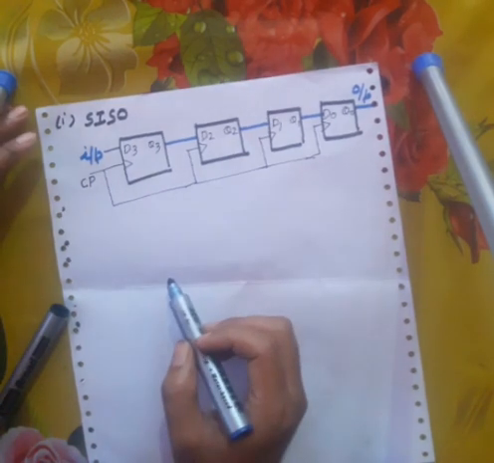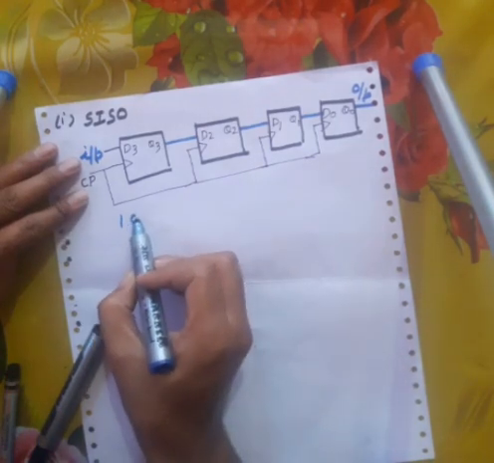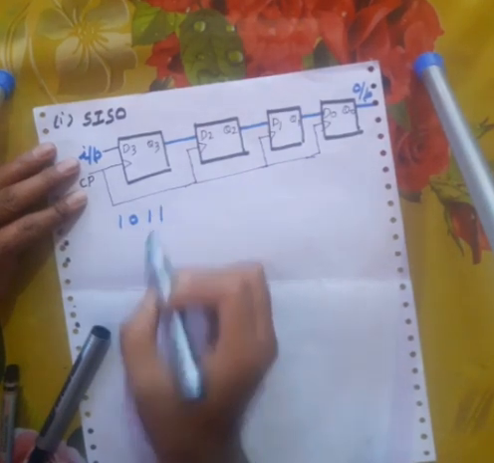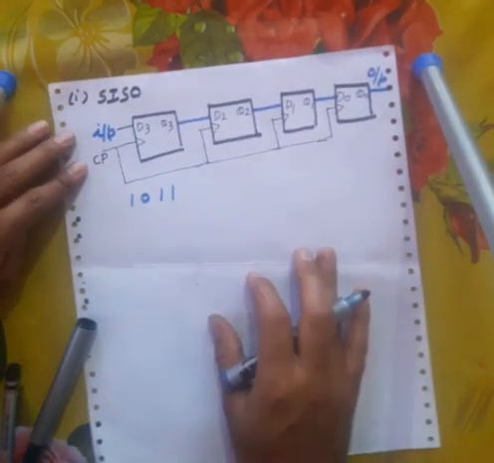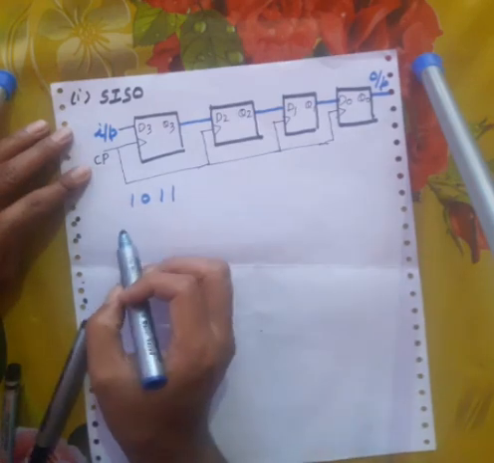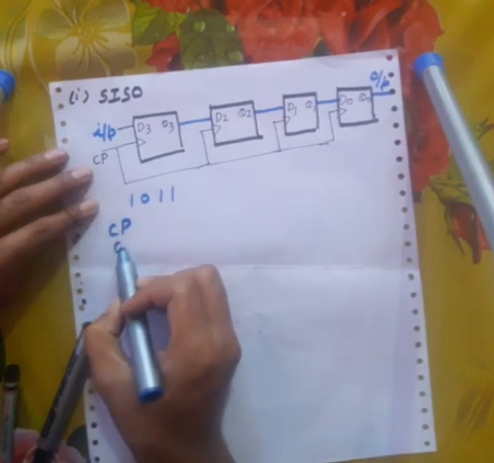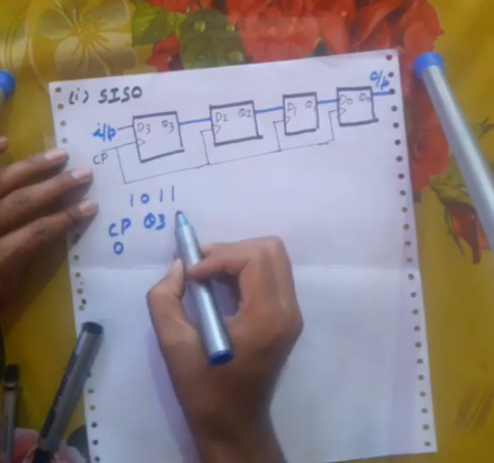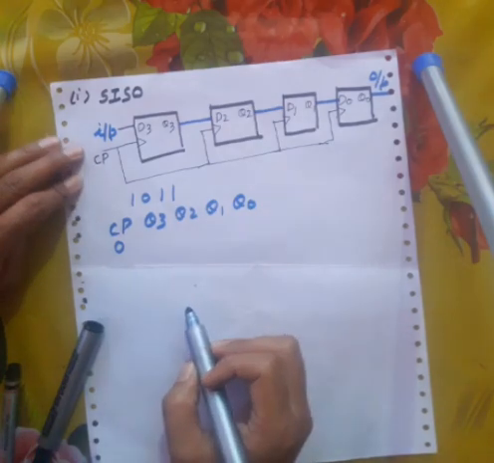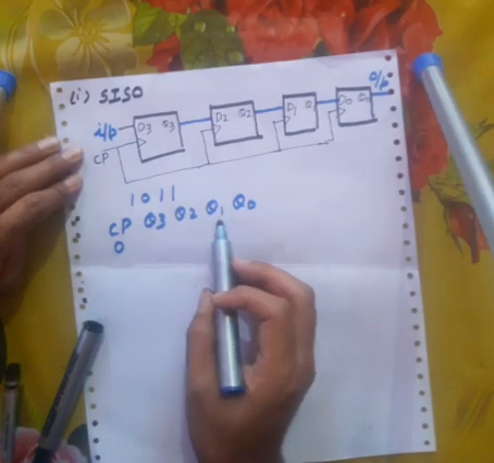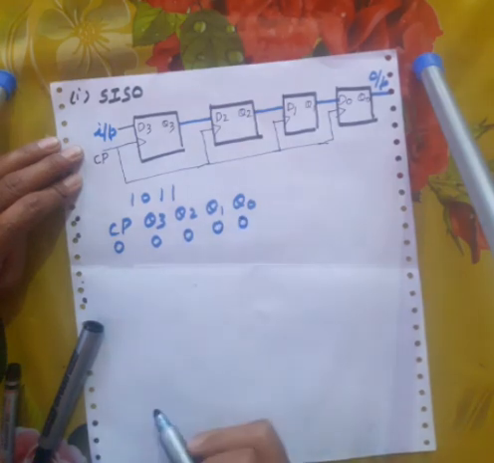Suppose you have to store data 1011. What will happen? Initially, suppose clock pulse is 0. Initially, the values of Q3, Q2, Q1 and Q0 will be 0 before applying clock pulse.